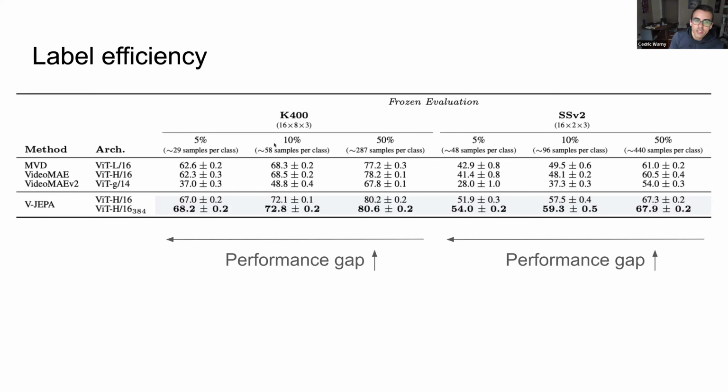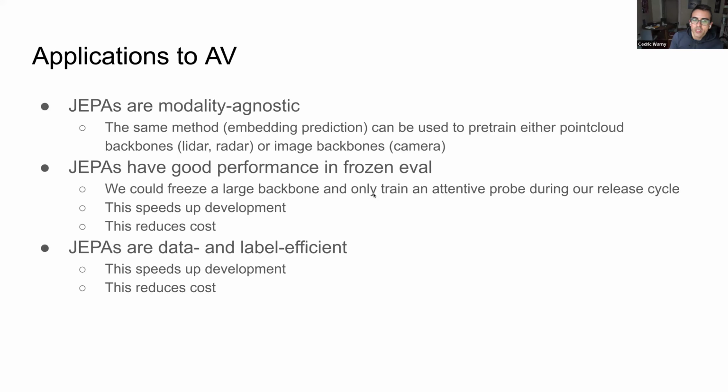Basically, the idea here is you can freeze your backbone. You don't need to fine tune your backbone over and over again. And so that makes your development or your release cycle much faster because you don't need to retrain your entire backbone. Speeds up development, reduces cost.